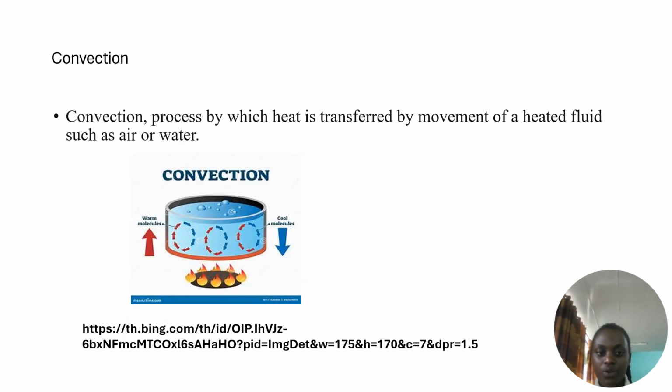Let us move on to the convection process. It is a process by which heat is transferred by movement of heated fluid such as air or water. So convection is when there is a mixture of some fluids or air which is hot and cold mixed, then sharing the cold and heat.